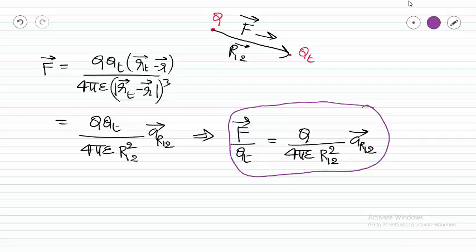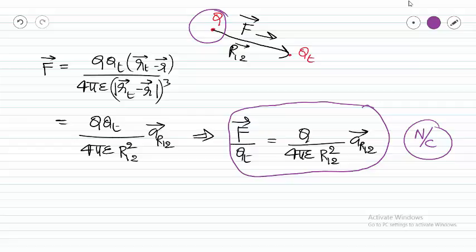It has units of newtons per coulomb, and it depends upon the existing charge Q at this point and the distance between the existing charge and the test charge. So it is not depending upon the amount of charge that Qt is having.